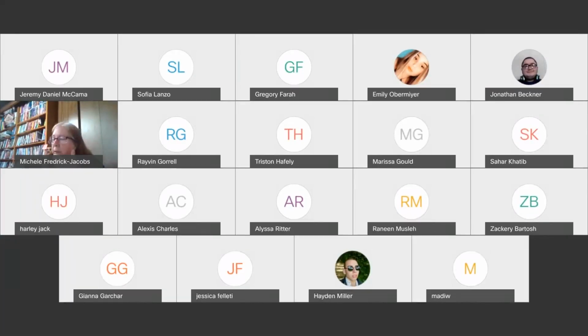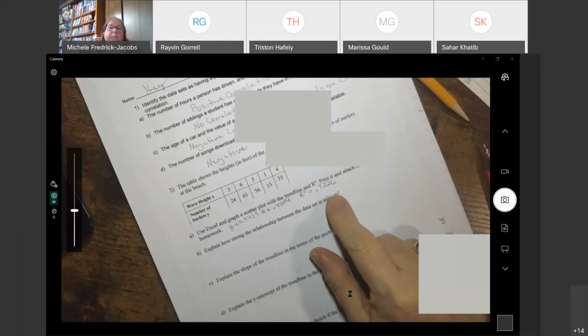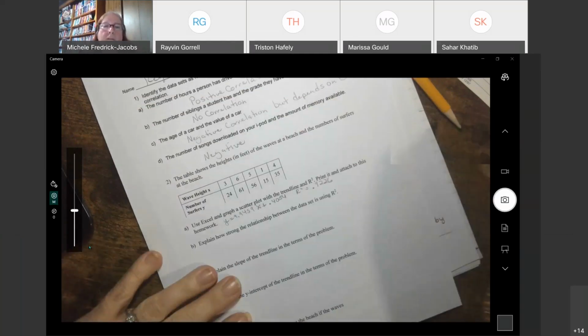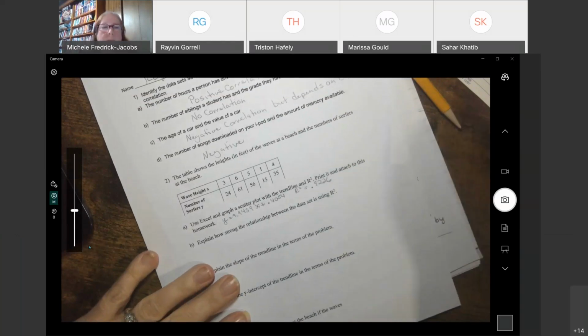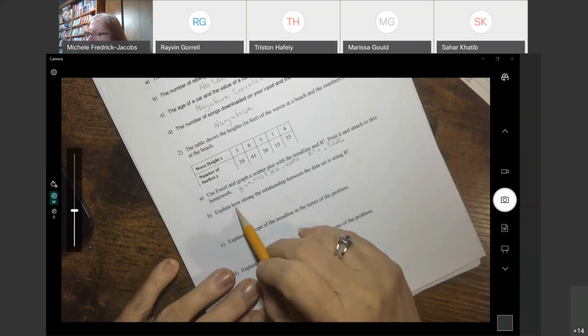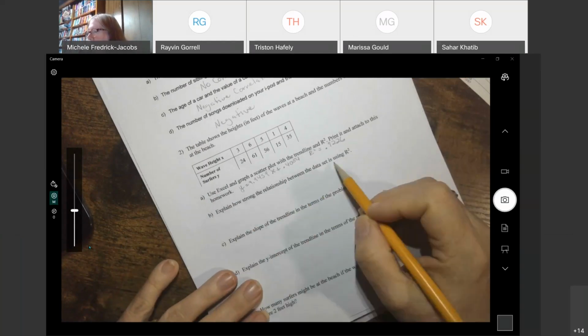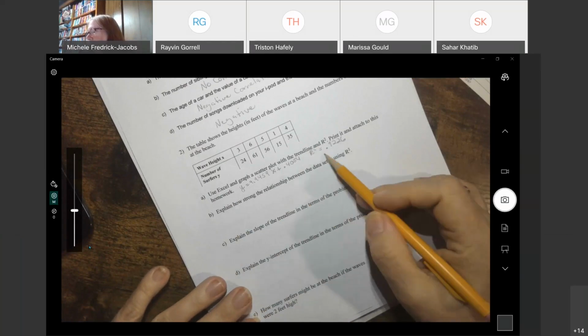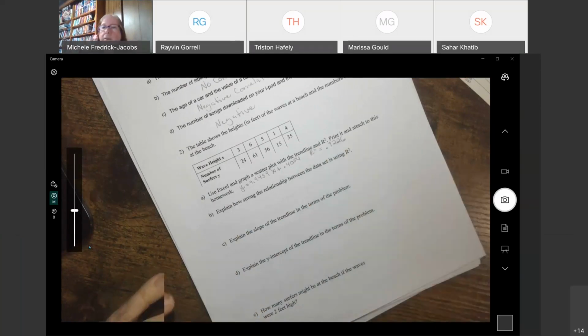So we have the equations written down. Explain how strong the relationship between the data is using R squared. So R squared is 0.9226.